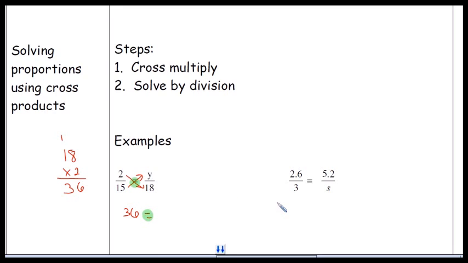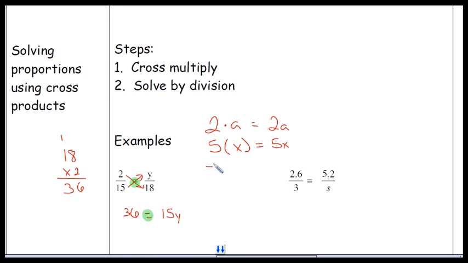Well, I don't know how you multiply 15 times a letter, except for just writing down the 15 and the letter right next to it. That's exactly what I want you to do. When you multiply a number times a letter, it's just that number and that letter right next to each other. Okay, so if I have 2 times a, that's the same thing as 2a. If I have 5 times x, that's the same thing as 5x.